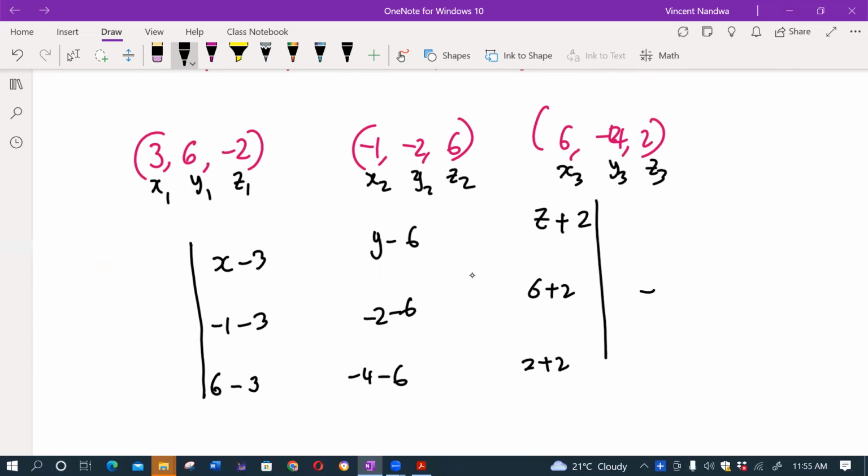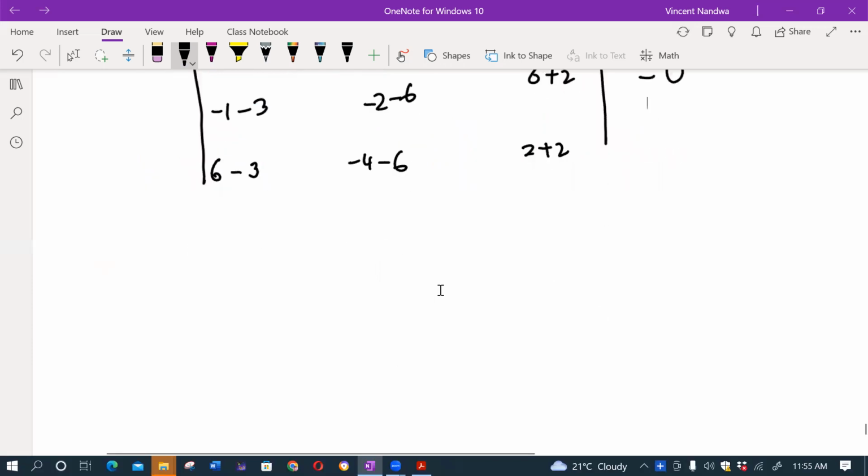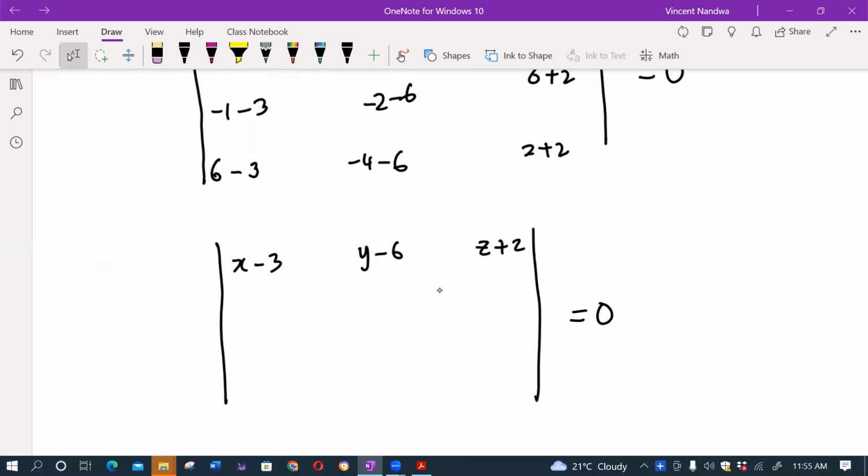This determinant should be 0. So that will lead us to the determinant of x minus 3, y minus 6, z plus 2, -4, -8, 8, 3, -10, and then 4.